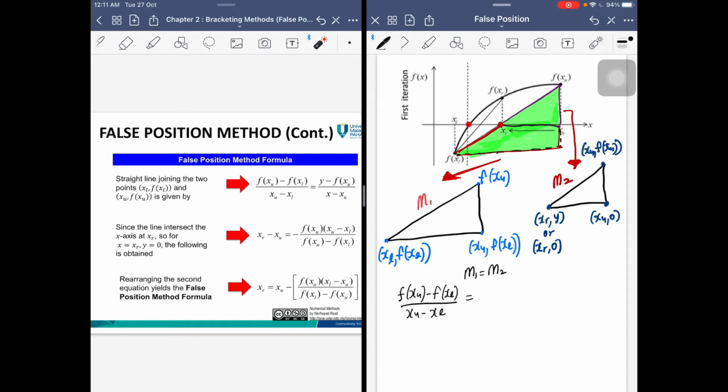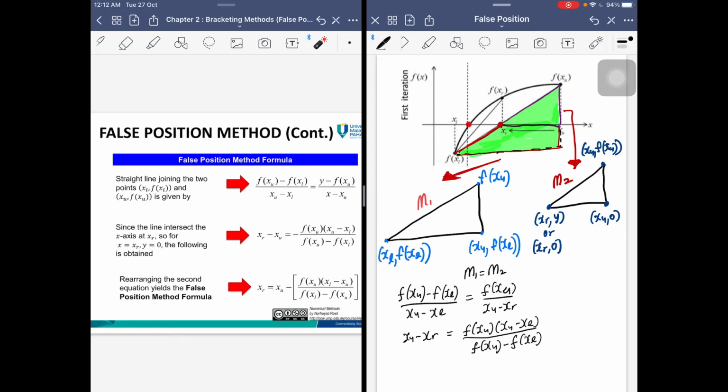And the calculation of M2 is FSU over SU minus SR. If I rearrange this equation, I will get SU minus SR equal to FSU times SU minus SL divided by FSU minus FSL.